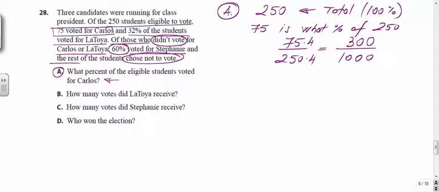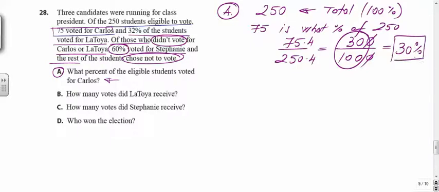Do you see the trick now? Divide by 100 top and bottom, and you end up with 3 tenths, which is 0.3. Or actually, I should leave it like this. Hold on. You can cross only one 0, and this will give you 30 over 100, and that's obviously what percentage?